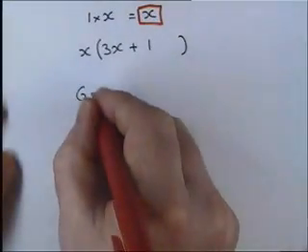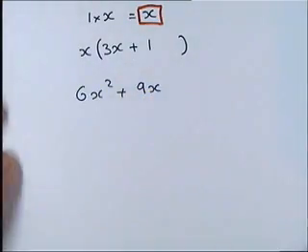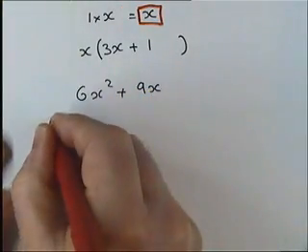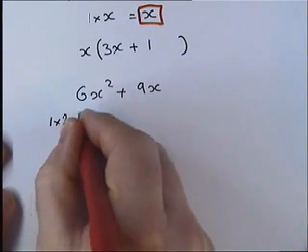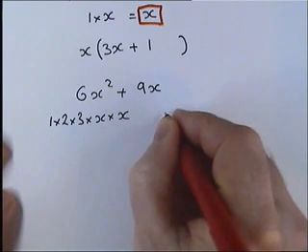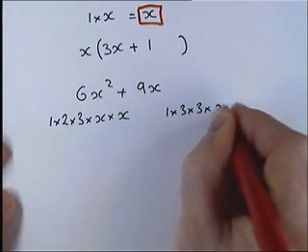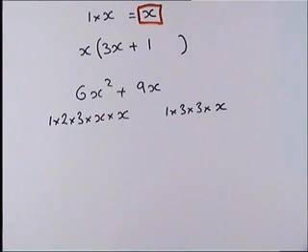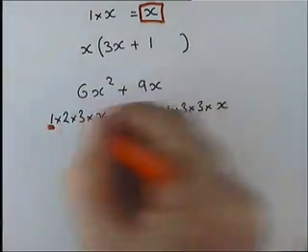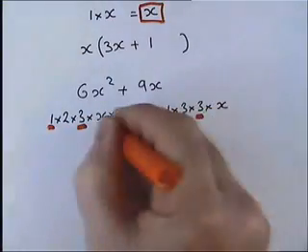Let's try another one. 6x squared plus 9x. So 6x squared can be written as 1 times 2 times 3 times x times x. 9x can be written as 1 times 3 times 3 times x. So, if you underline the things they've got in common, if I'm trying to be careful this time, the 1 is in common, the 3 is in common, and there's an x in common.